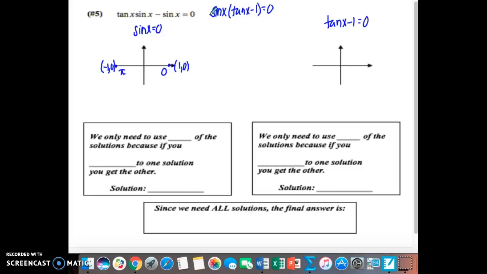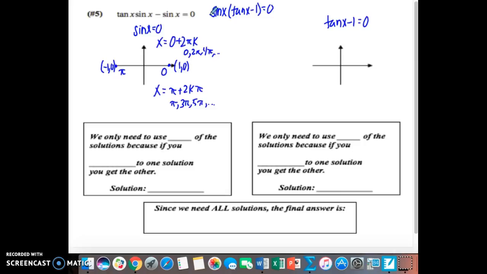So now, writing out our equations, we will have x equals 0 plus 2 pi k, and this includes 0, 2 pi, 4 pi, 6 pi, and so on. And we'll also have x equals pi plus 2 pi k, which includes pi, 3 pi, 5 pi, 7 pi, and so on.